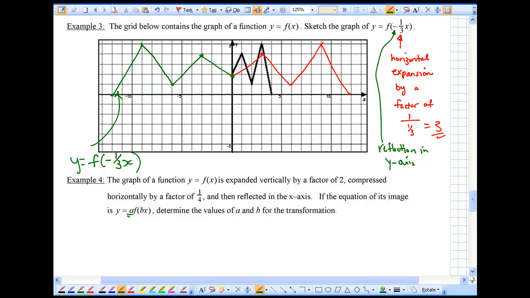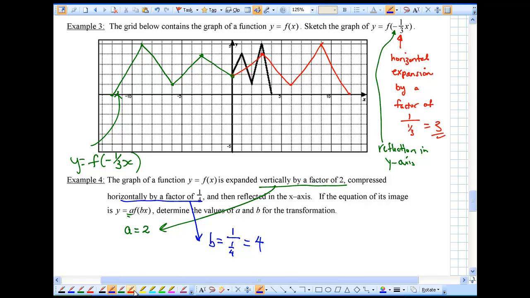So in this case, we know that it's expanded vertically by a factor of 2, therefore a equals 2. Well, horizontally by a factor of 1/4 means that we're affecting the b value, and remember it's 1 over the factor, so 1 divided by 1/4 is just equal to 4.